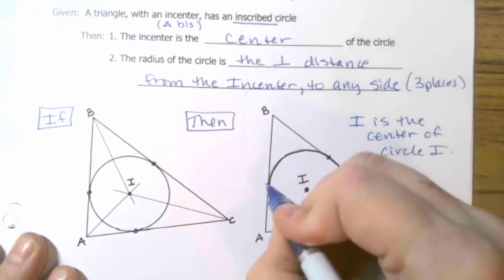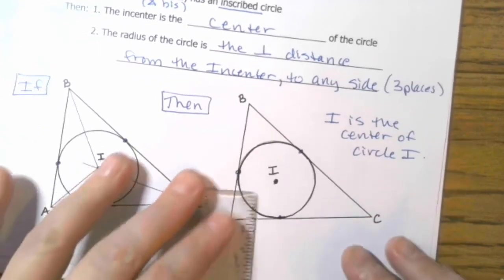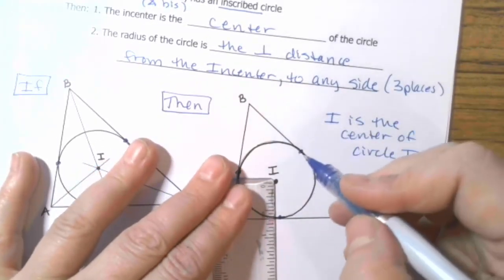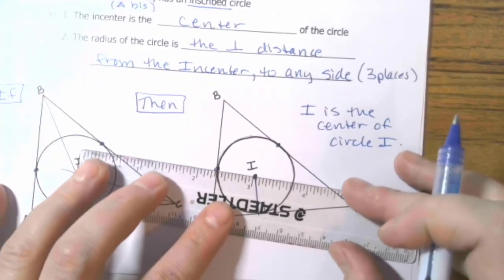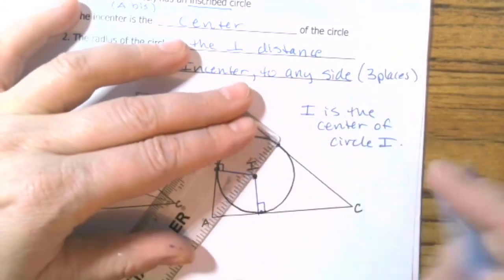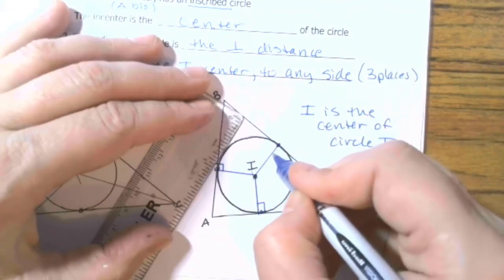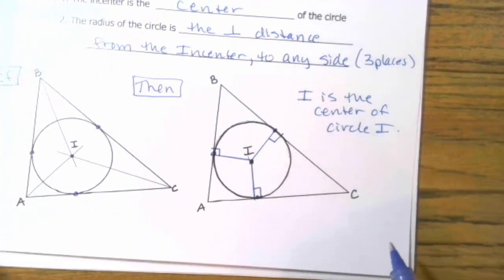And if I put perpendicular, because you know, a point to a side is always a perpendicular distance, you'll notice that the perpendicular distances look really similar. With this theorem, they are not just similar, they're actually the same.